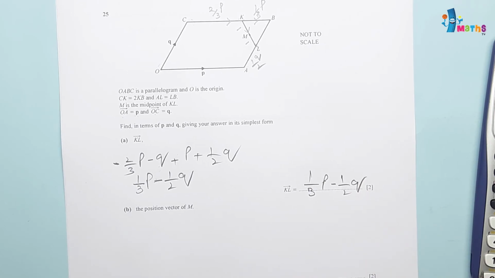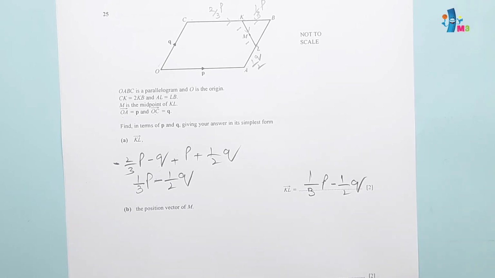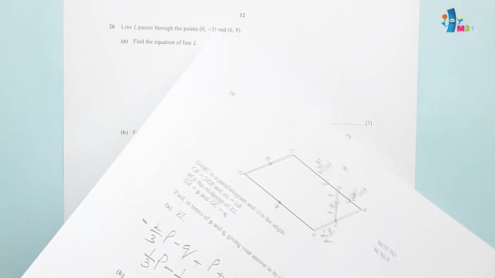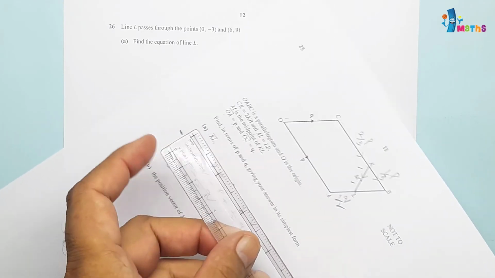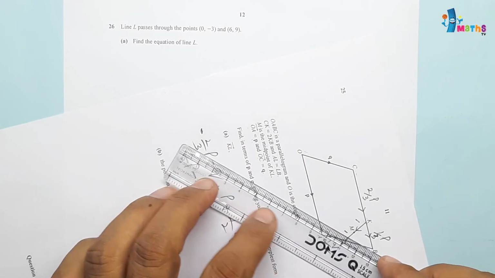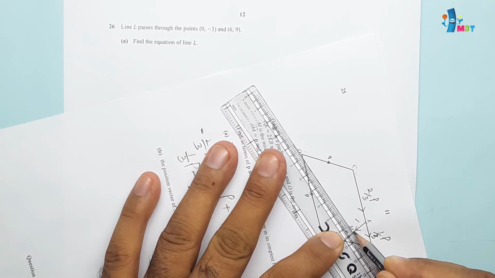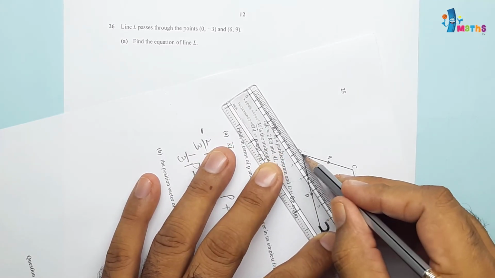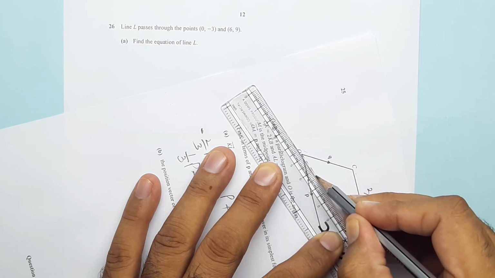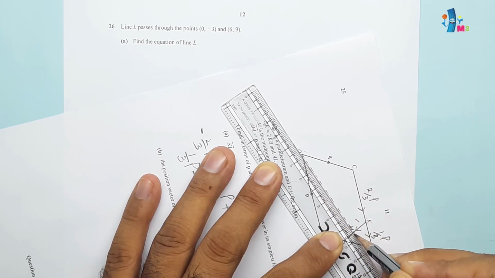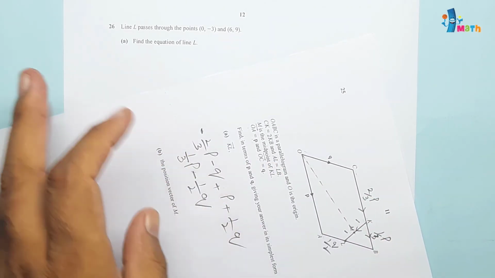B part, the position vector of m. For position vector of m, we will be joining O with m first. So we will be joining O with m. I will use the dotted line to show O and m.